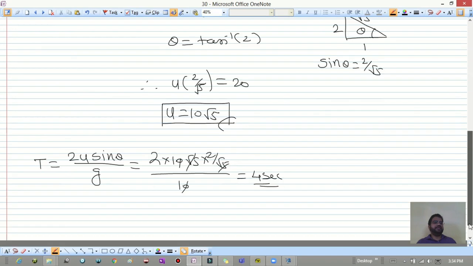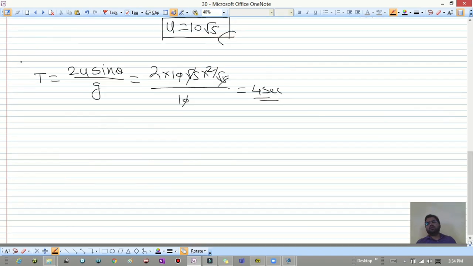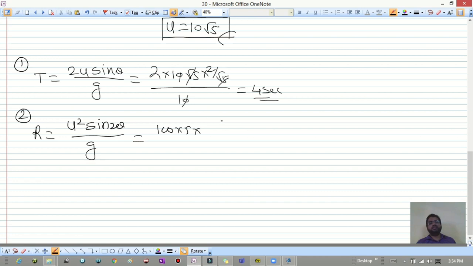Now horizontal range. The formula we have is u squared sine 2 theta divided by g. So which is equal to, what is u squared? It is 100 into 5 into sine 2 theta.